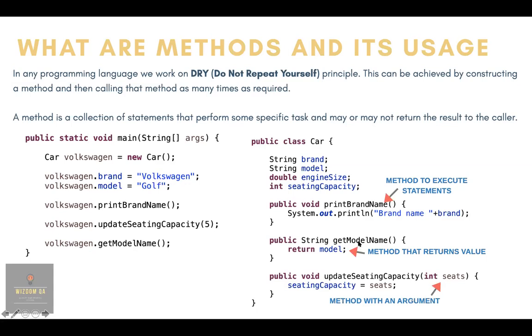You can return the value using the keyword called return. And then we have update sitting capacity, which will accept some information using an argument and then use that argument inside the method to perform something.